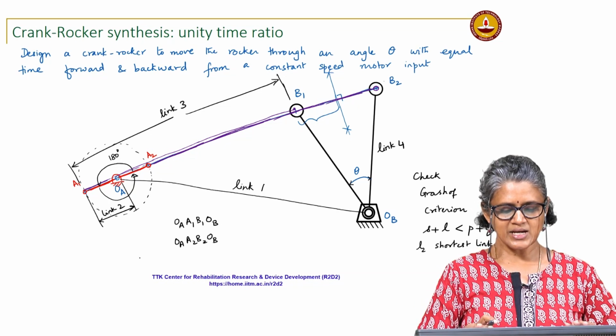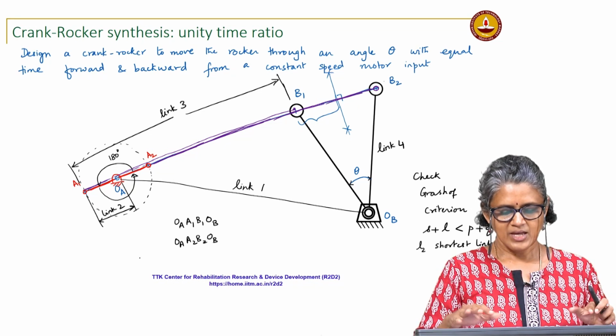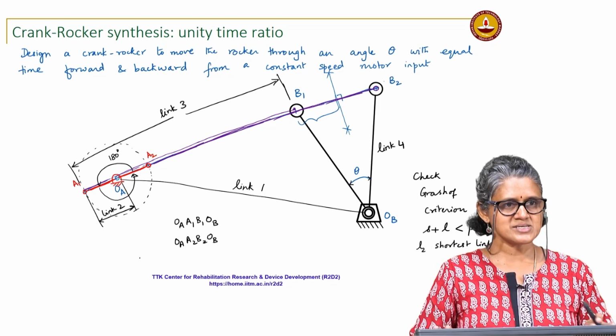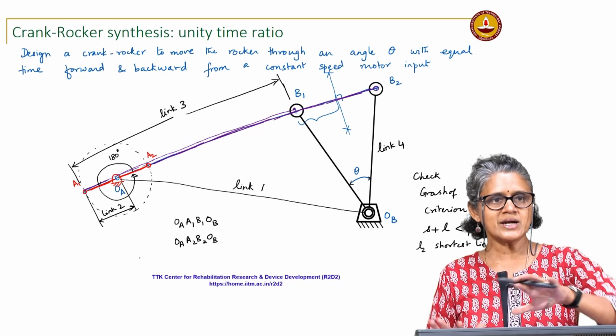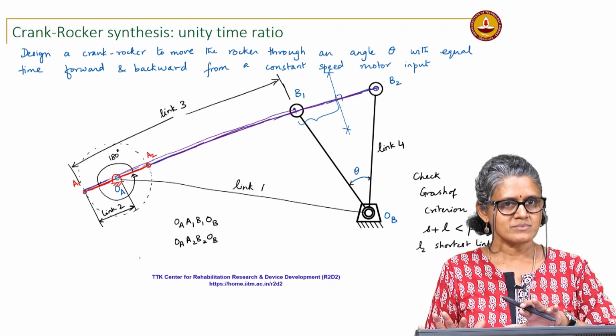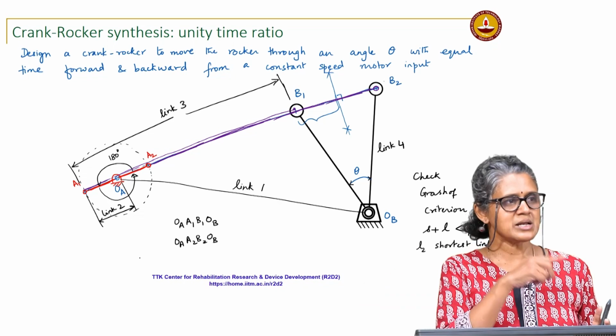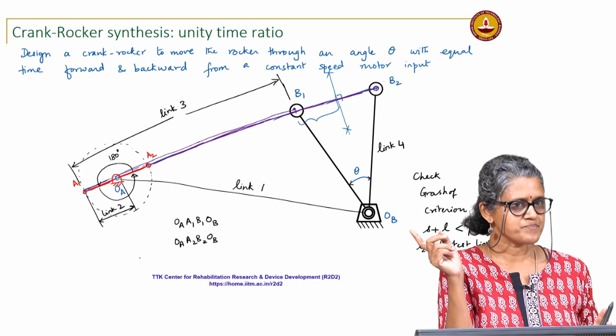And you can see here that if I take this entire linkage, I have these link lengths assembled like this. If I orient it anywhere in the plane, in any which way, I will still get the same input output relationship.